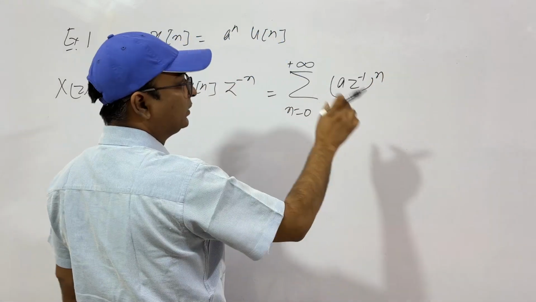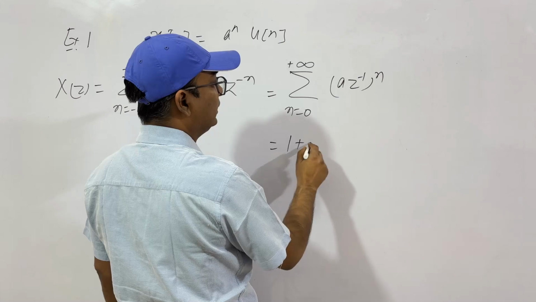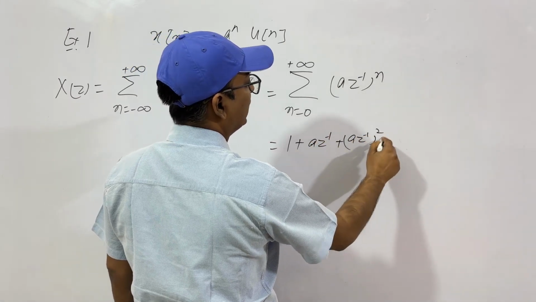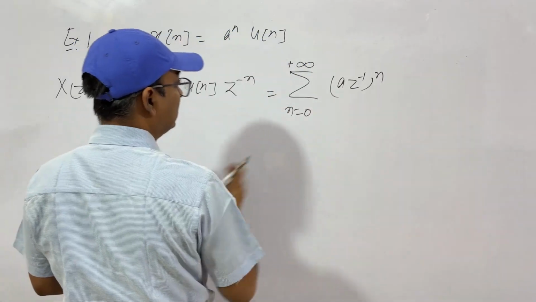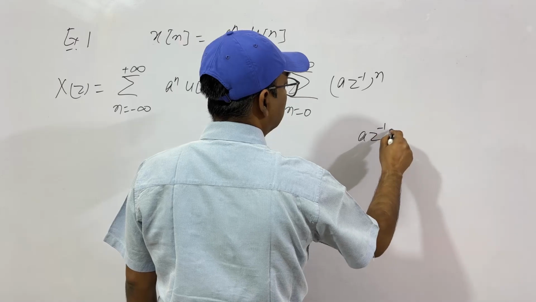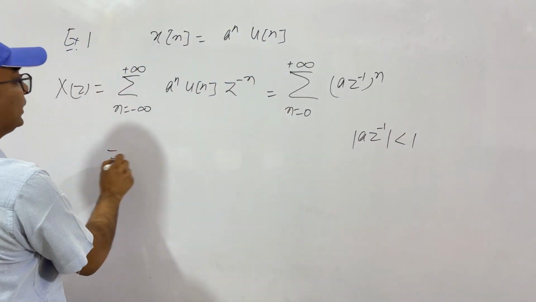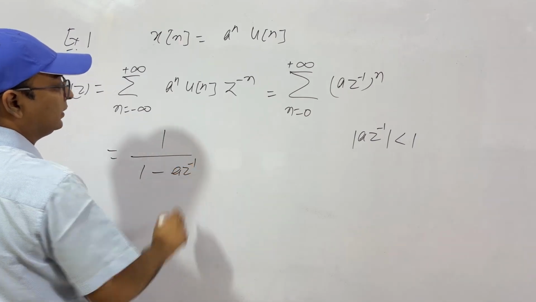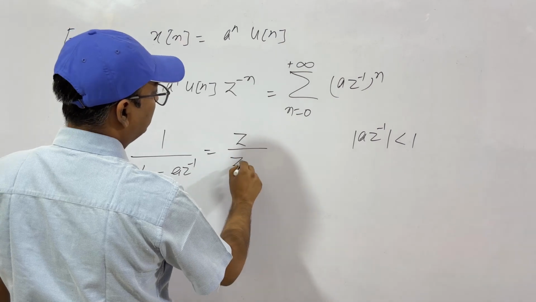What is this? This is a sequence. For n equal to 0, this will be 1, then a z^(-1), then (a z^(-1)) squared, and so on. That is, this is a geometric progression. Now if the ratio of the progression, that is a z^(-1), is less than 1, what you get is 1 by 1 minus r, the ratio of the progression. It can also be written as z by z minus a.